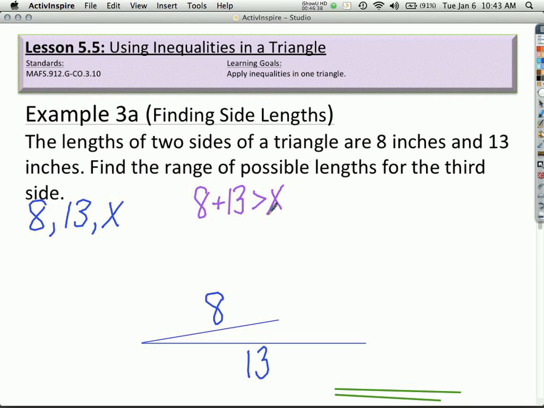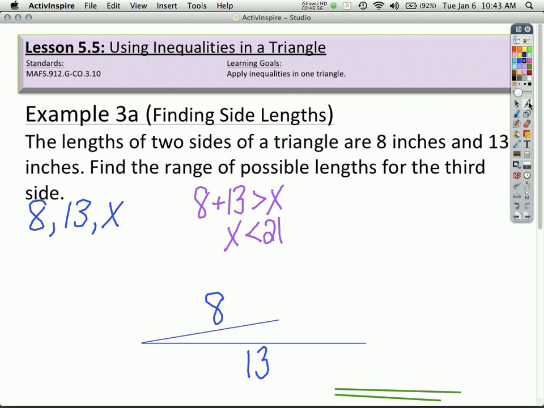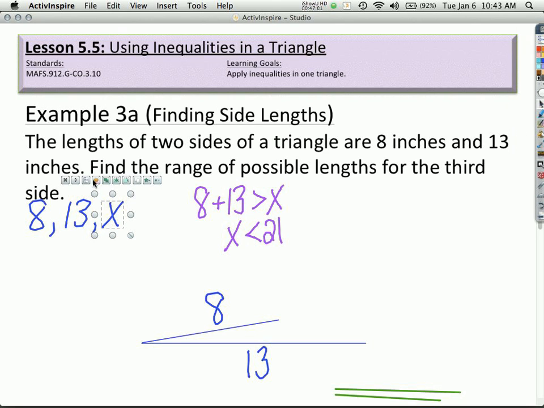What do we get, Nathaniel? Right, x is less than 21. All right, so we got something. Not sure what we figured out yet. But remember that there were 3 different statements that we could write. We don't know what the order of this is. What if the x was actually the smallest side?